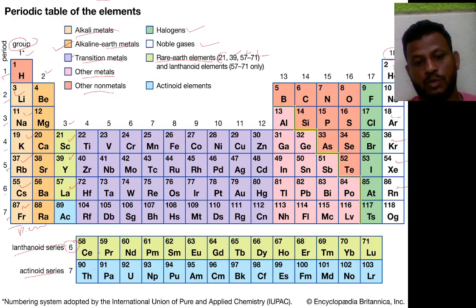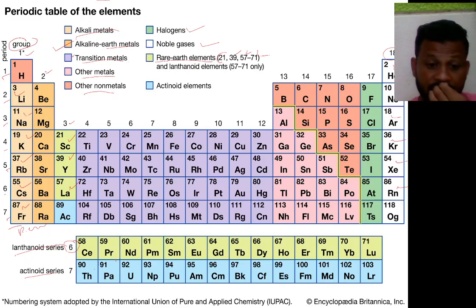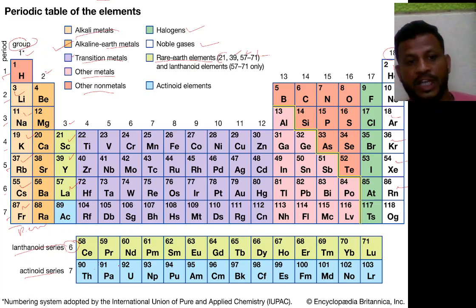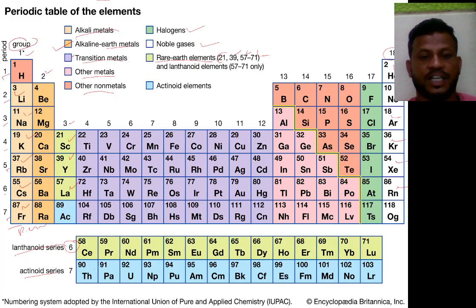These are the two separate rows we are going to see here. Okay, this is Mendeleev's periodic table, which was further taken up by many scientists who classified the elements.